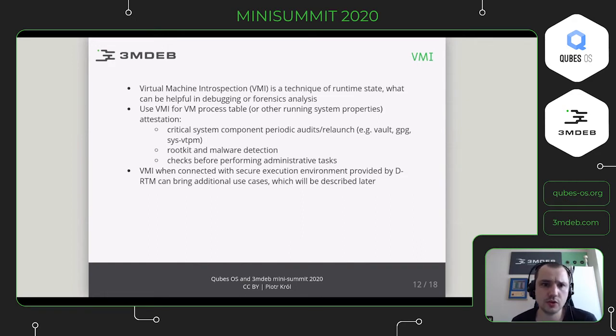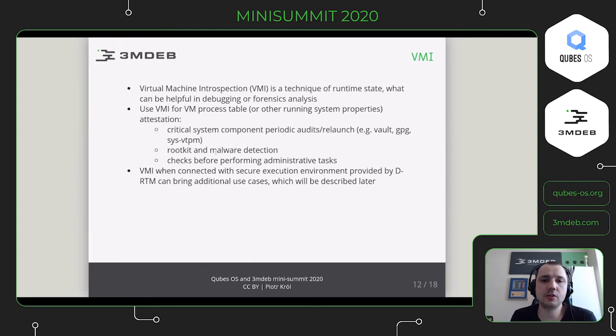So how can we use VMI? For example, we can look at the process table of a running VM and check if critical system components are intact and have the hashes that we expect. For example, we can check if the Vault, GPG, or sys-vtpm VMs just have correct software running correct processes and there is nothing malicious there.